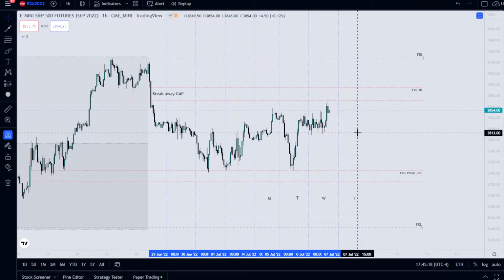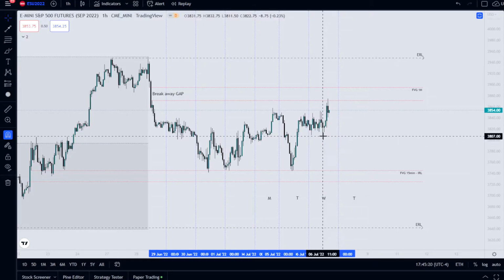Just a note is that today's Wednesday. Right now, because we are bullish on the week, we can have buy models on Monday, Tuesday, Wednesday. And then going into Thursday and Friday, we're likely to make the high of the week.